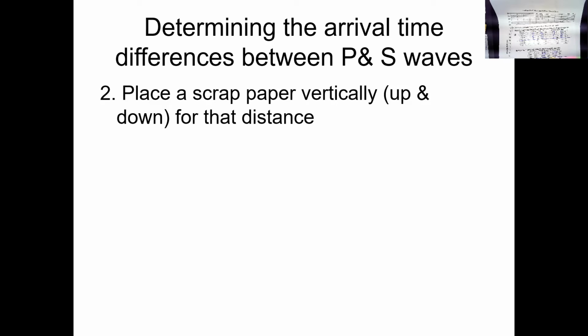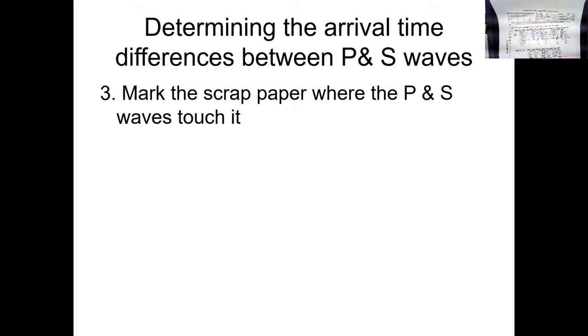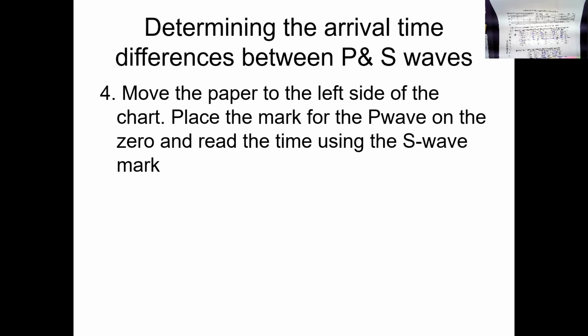Step 3. Mark the scrap paper where the P and S waves touch it. Step 4 is going to sound weird, and it is actually a little bit longer. You'll notice I gave you an extra line to write it. So write this, and then I'll explain what it means. It says, move the scrap paper to the left side of the chart.